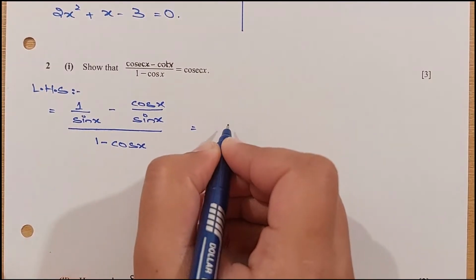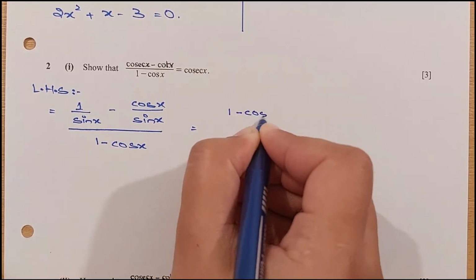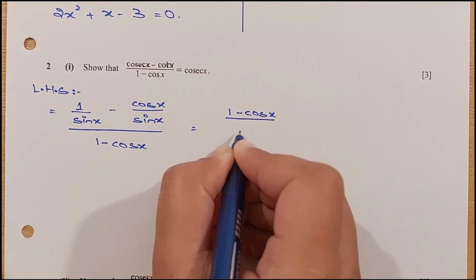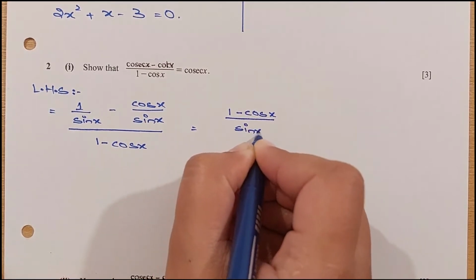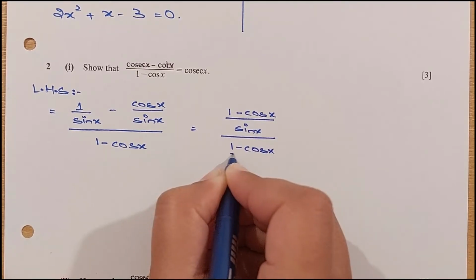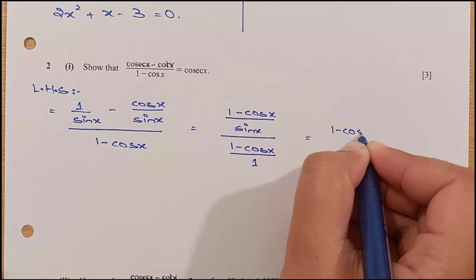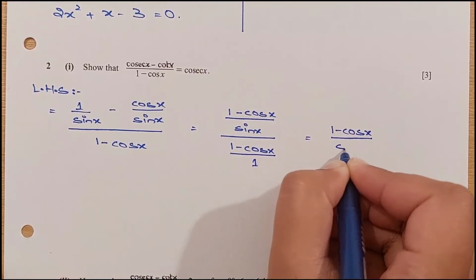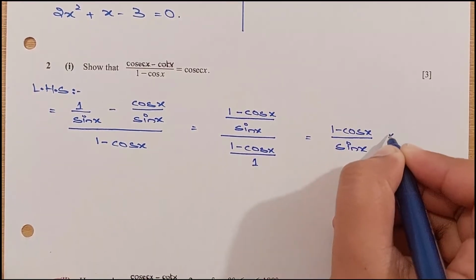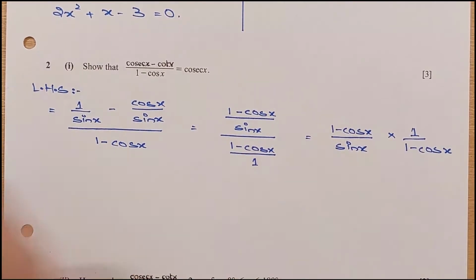Further simplification, let me take sine x, the denominator is the same, just subtract the numerators. 1 minus cos x over sine x whole divided by 1 minus cos x over 1, right? So we have 1 minus cos x over sine x into 1 by 1 minus cos x, right?